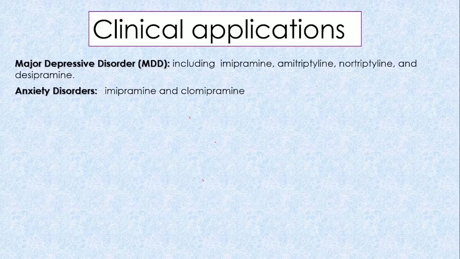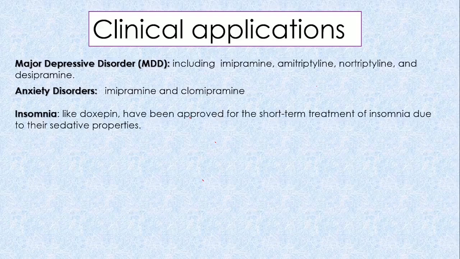Next, clinical use: they are used in the treatment of certain types of insomnia where the underlying cause is depression. Usually we give a tricyclic antidepressant with strong sedative action, like doxepin. These should not be used for a long period of time. They are only used for a short period of time, okay?